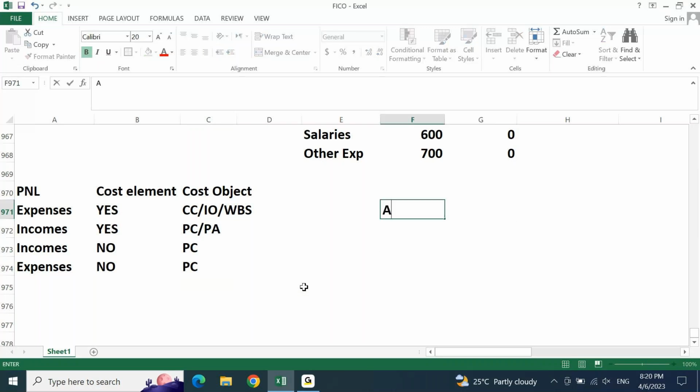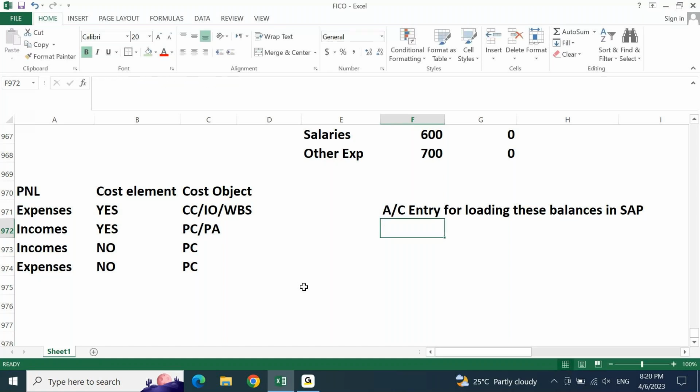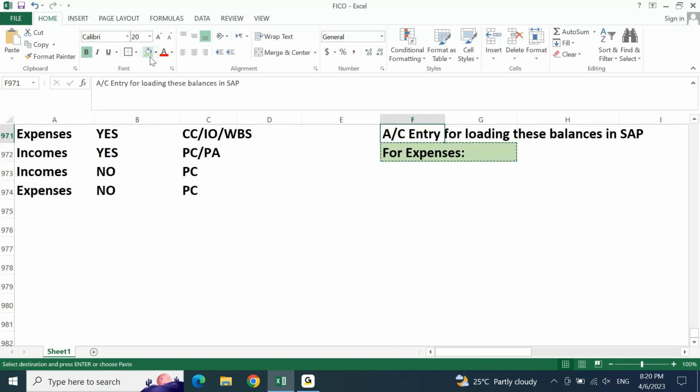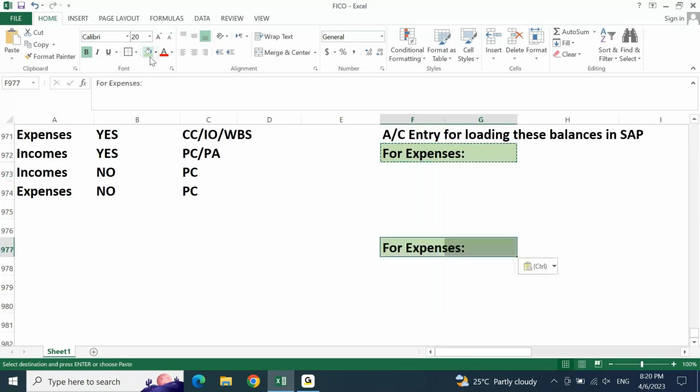Now you will have to write the accounting entry for loading these balances in SAP. Which accounting entry are you going to pass for expenses, and for incomes?